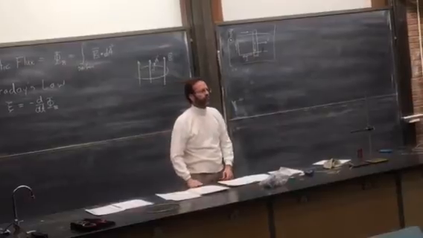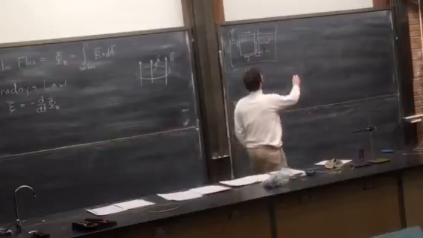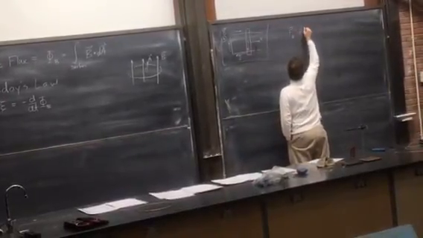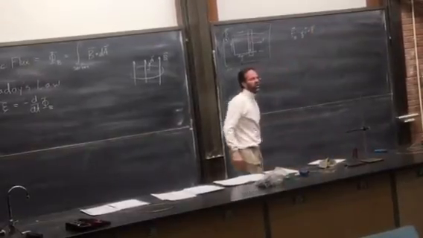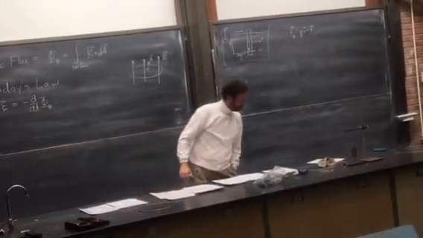We call that an induced current. That was just the magnetic force, QV cross B. We moved the conductor. That was Unit 1, Chapter 12.